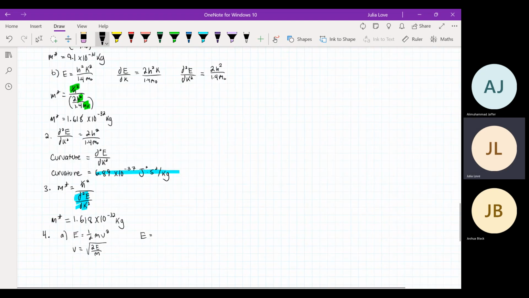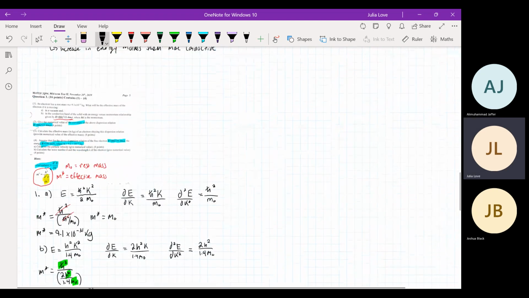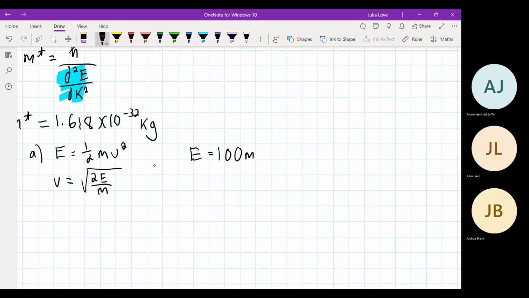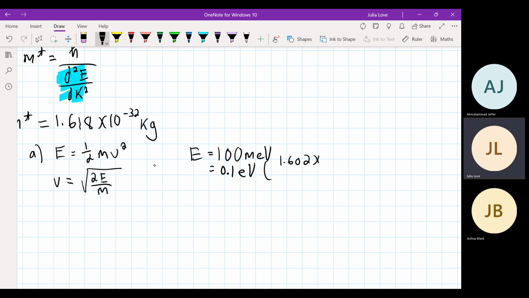And then we're given the energy to be 100 millielectron volts. I'm going to convert this to joules to be able to use it in our energy relationship.